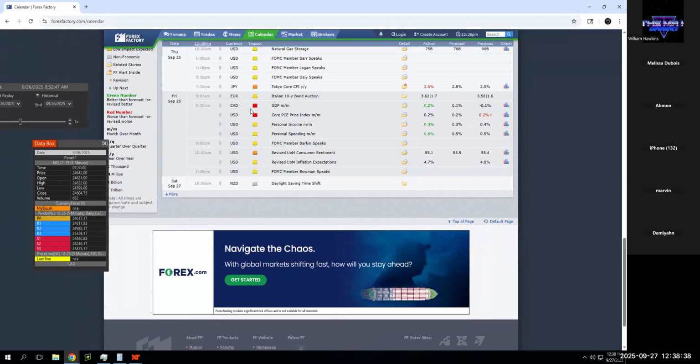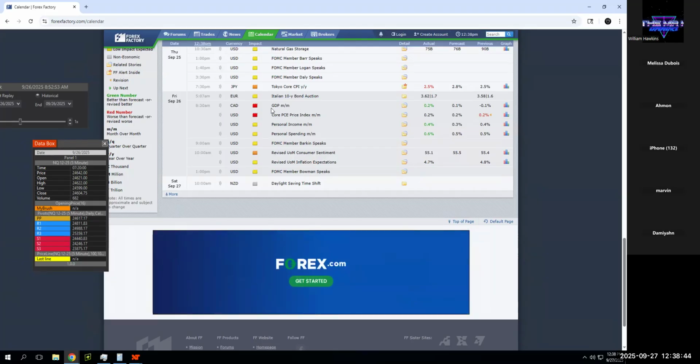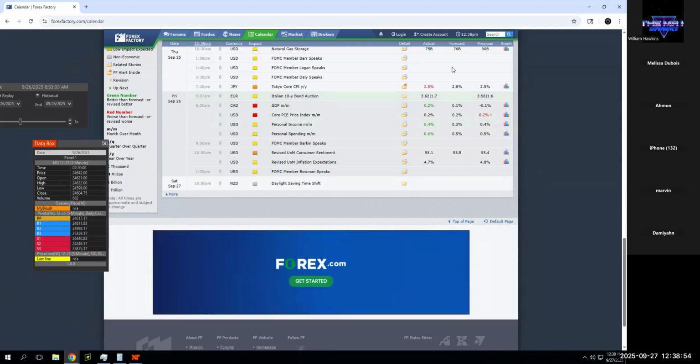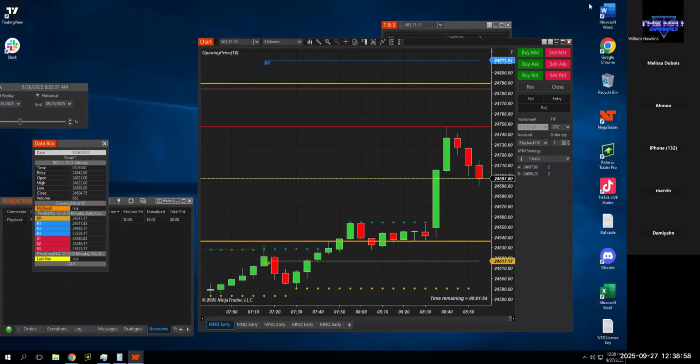All right, you see right there the news, USD, price index, GDP, and then around 10 o'clock was consumer sentiment. Red folders and orange folders are the ones that you look out for. And that's what was going on that day on Friday. That's why it shot up that high.